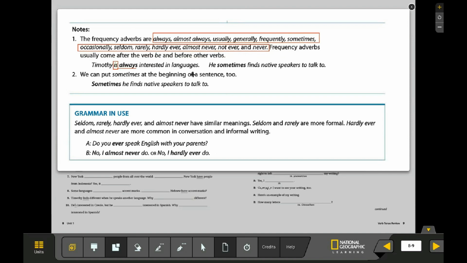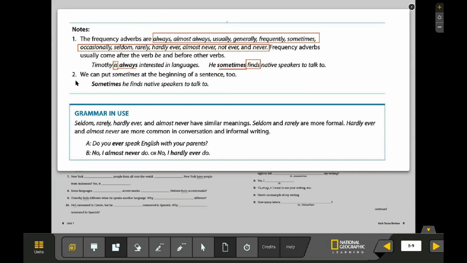If we have another verb like this, finds, they usually come before the verb. Okay, he sometimes finds. Timothy is always interested. He sometimes finds. So this is the correct position. We have some exceptions, but we'll see.